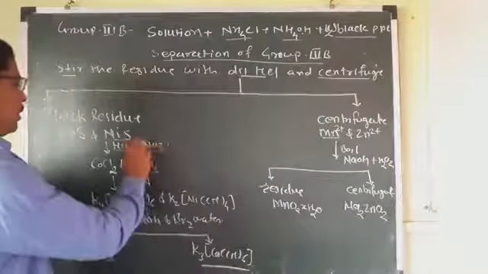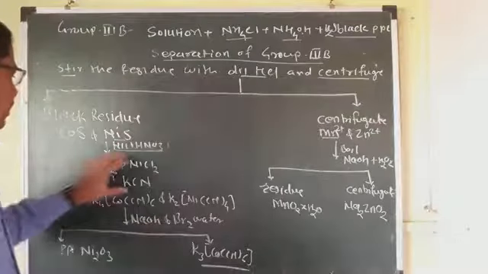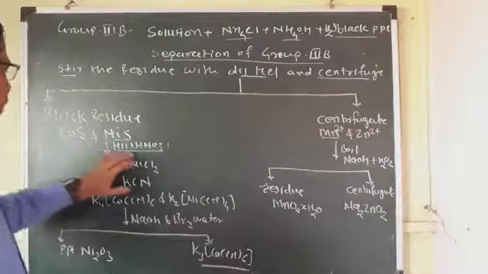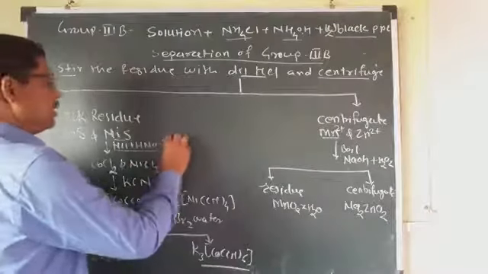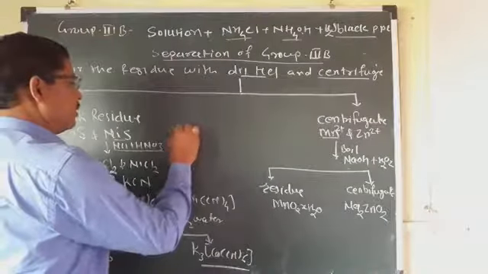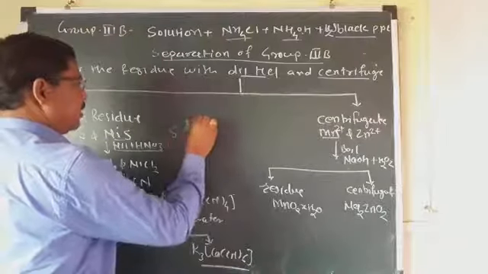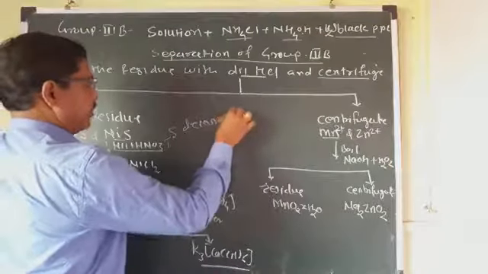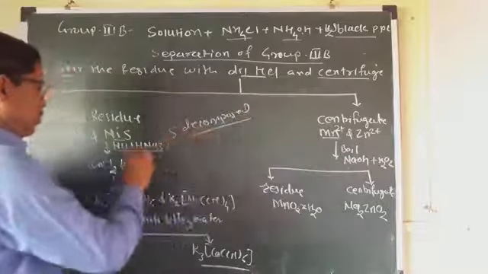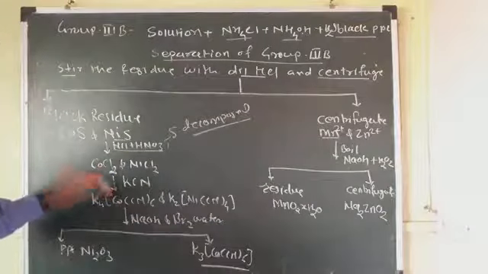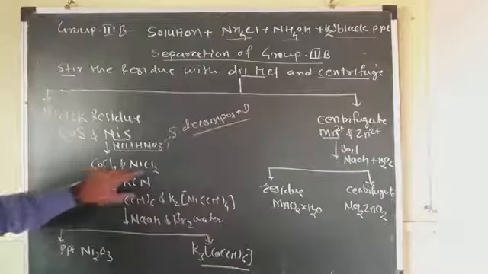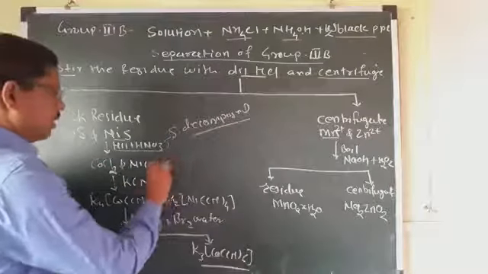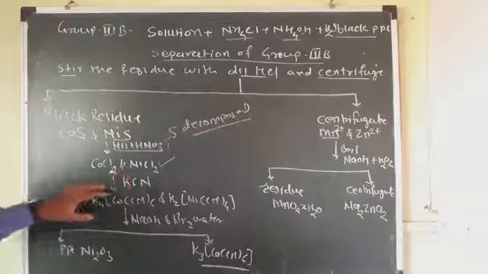After treatment of cobalt sulfide and nickel sulfide with aqua regia, the sulfur is decomposed and soluble chloride salts, cobalt chloride and nickel chloride, are formed. These salts are soluble in water.